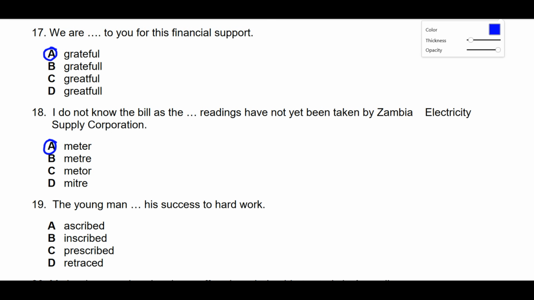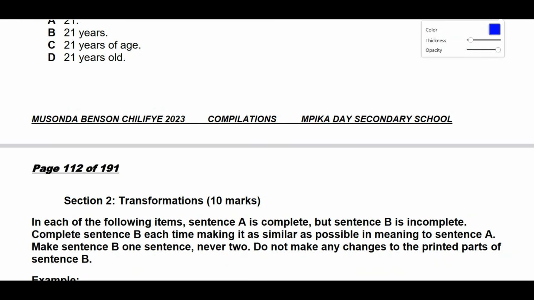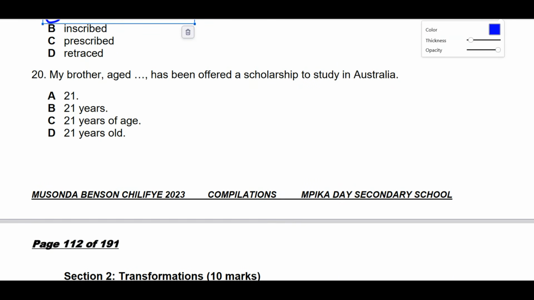Number 19: the young man dashed his success to hard work. So the young man ascribed his success to hard work. The last one for section 1: my brother age dash has been offered a scholarship to study in Australia.